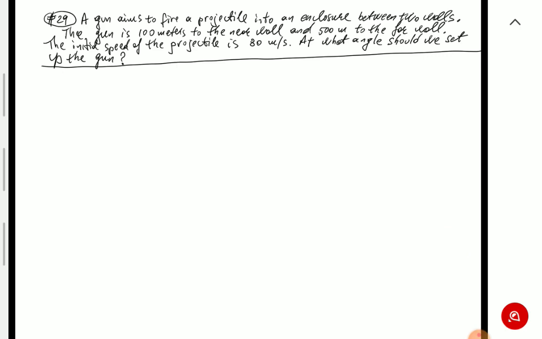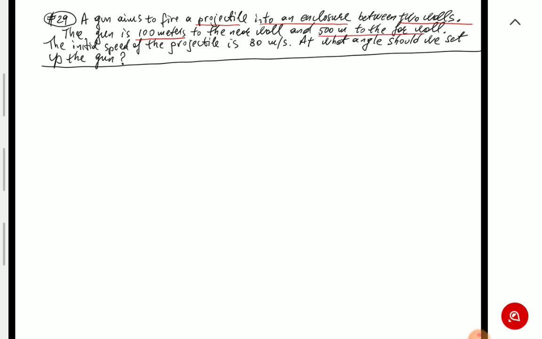Okay, so we have a gun. By gun, we in this context mean a piece of artillery that aims to fire a projectile into an enclosure, right? So the goal is to basically have that projectile land in a certain area, which is demarcated by two walls, and the gun is 100 meters to the near wall and 500 meters to the far wall.